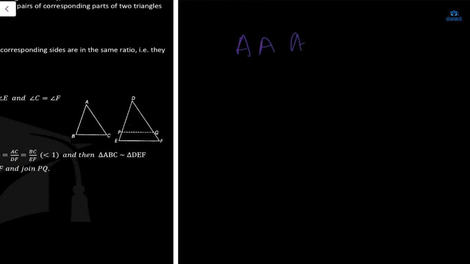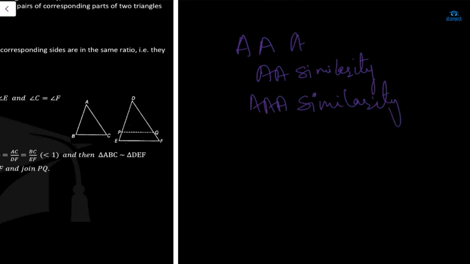So if you have got two angles equal, you can write similarity also. Or if you have got all three angles, you use AAA similarity. Here you are going to prove that all the three angles are equal.